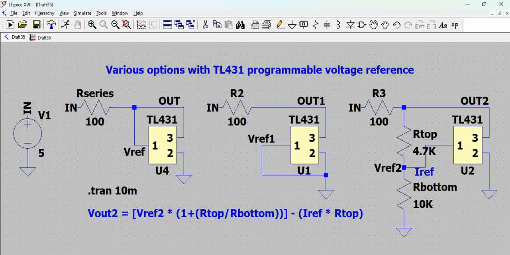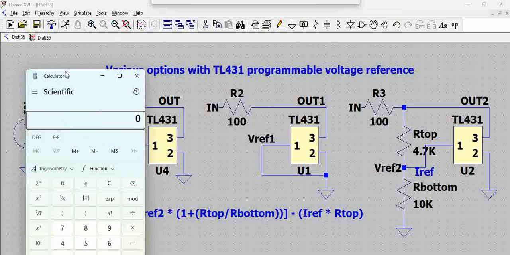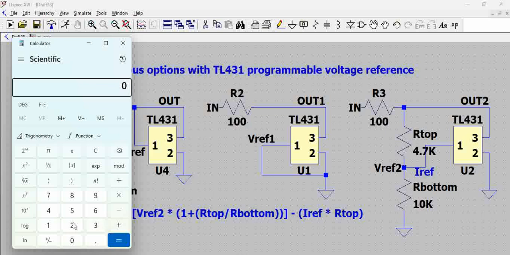Now, let us calculate with the calculator. Vref is approximately 2.5, into R top by R bottom, that means 4.7 divided by 10, plus we have 1 to be added.